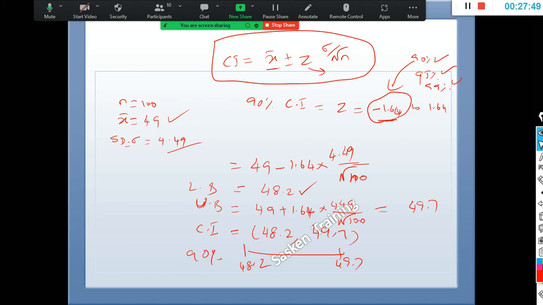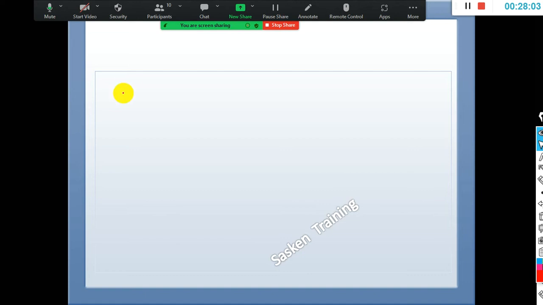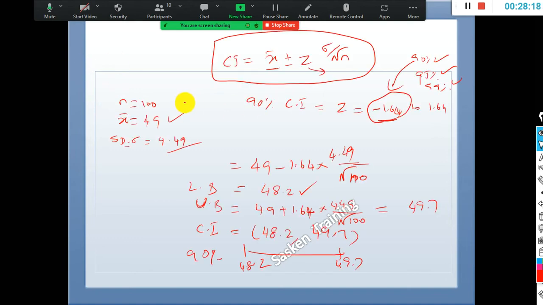So how do we interpret this? If you repeatedly draw several samples with sample size 100, there is a 0.95 probability that the confidence interval will contain the true value of the population mean. This is how you need to interpret it. You have taken one sample that contains 100 values, randomly sampled, and likewise we can draw any number of samples.